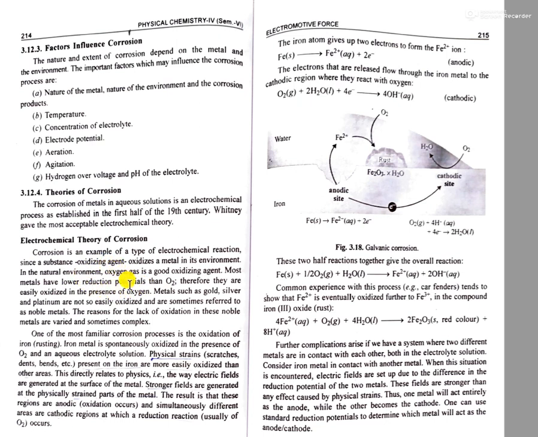All these metals which are easily corroded in the atmosphere have lower reduction potential than oxygen. Whereas certain metals like gold, silver and platinum are called noble metals because they are not easily oxidized, and the reasons for the lack of oxidation in these noble metals are varied and sometimes complex.